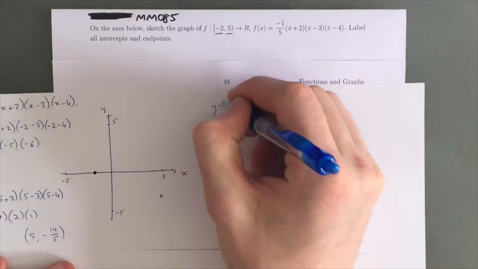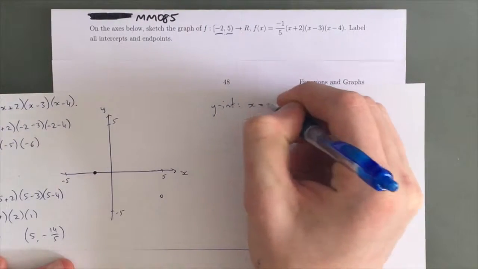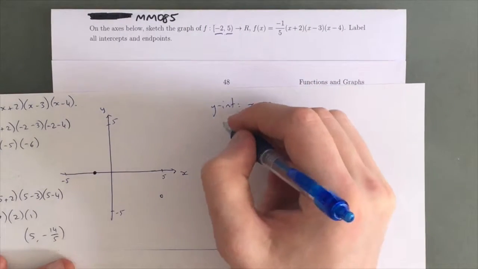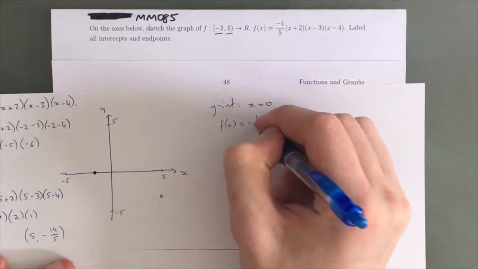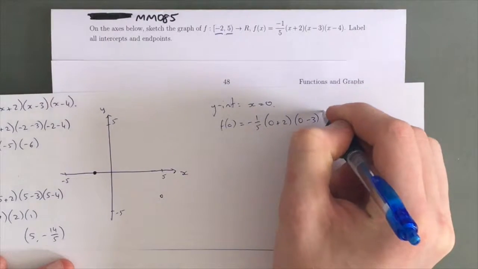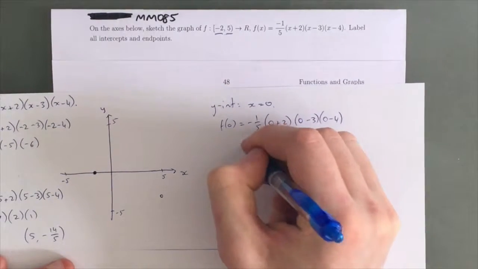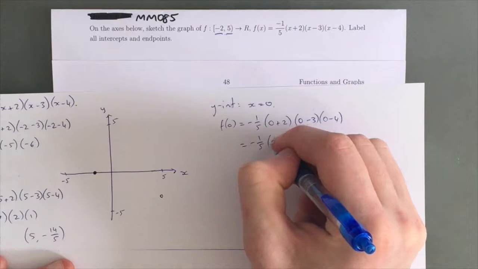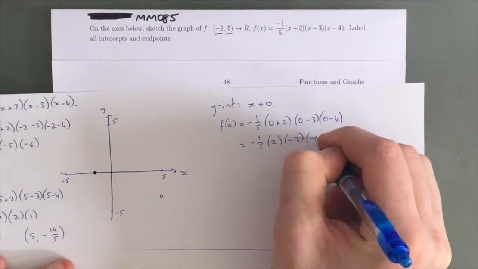So for our y-intercept, we put in x equals 0. So f of 0 equals negative 1/5 times (0 plus 2) times (0 take 3) times (0 take 4), which is equal to negative 1/5 times 2 times negative 3 times negative 4.